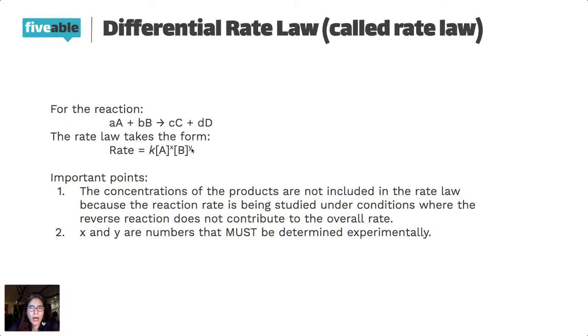And X and Y are not the coefficients. X and Y are going to be determined experimentally. So in the exam, in the problems, you're going to see data received from experiments for you to get the X and the Y. We're going to practice in a moment.